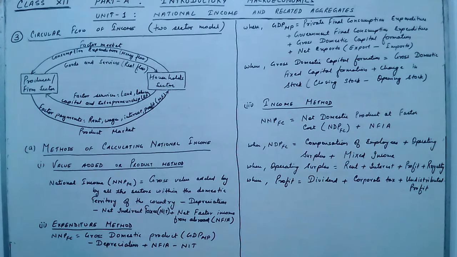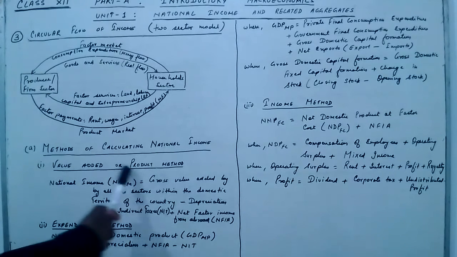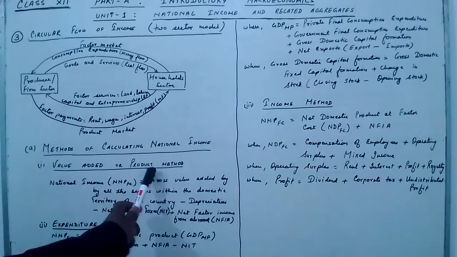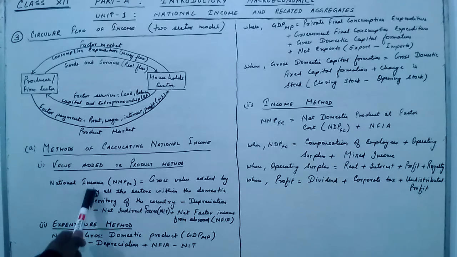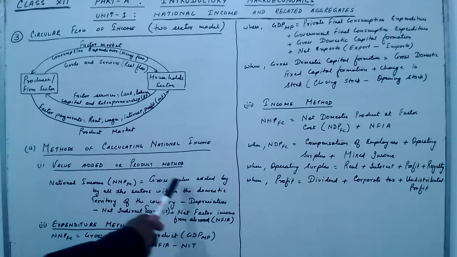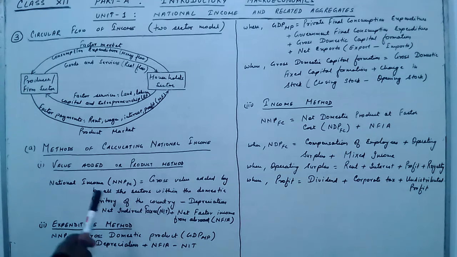Now come to the first method, that is the value added or product method. What is the formula to calculate the national income by this method? National income is known as NNP at factor cost, net national product at factor cost. So national income, NNP at factor cost, equals gross value added by all the sectors within the domestic territory of the country.